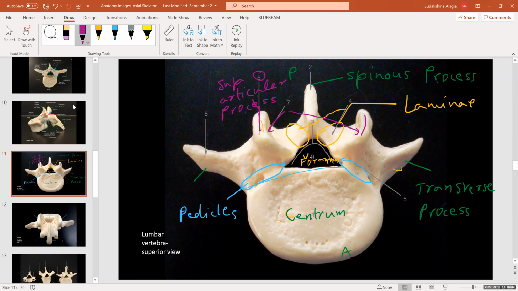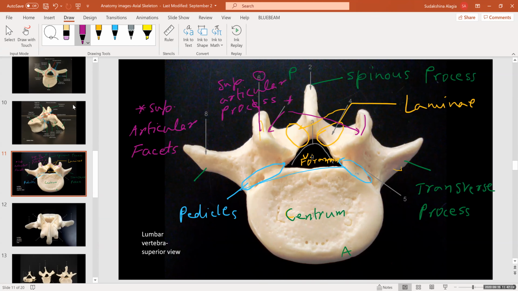So this right here, number 7, is the superior articular facet. Just to reiterate, the facets of the lumbar vertebrae face differently than the thoracic and cervical, because of how they articulate with one another.